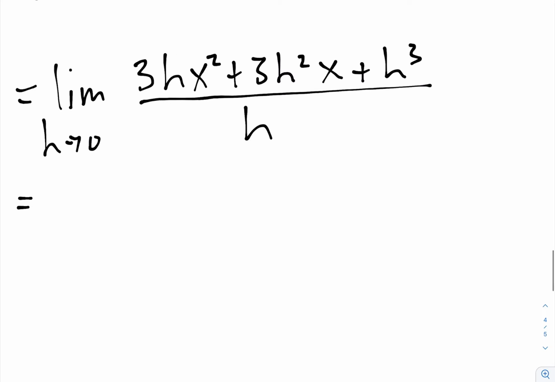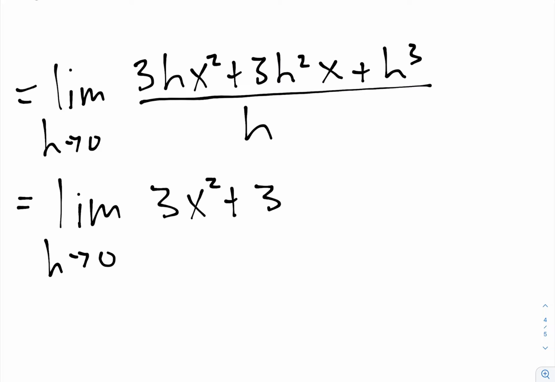Okay, so essentially we could factor an h out of everything on the top, divide the top and bottom by h, and we would be left with 3x squared plus 3hx plus h squared, because we're just reducing the power on the h's by 1. So there was only one h with the 3hx squared. That's gone, so we just get 3x squared. 3h squared x, we're reducing that by 1, so we just get 3hx. It was h cubed before, just reducing that to h squared.